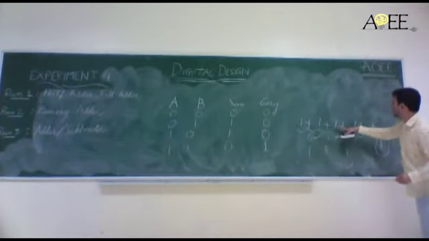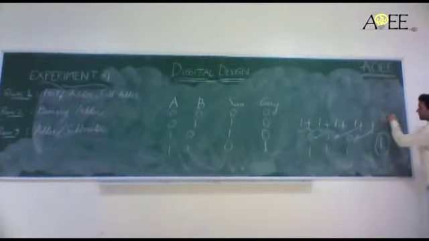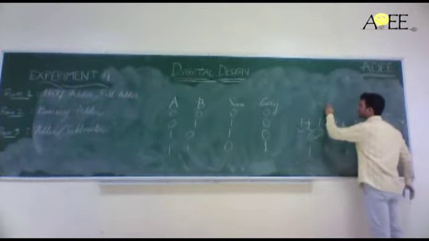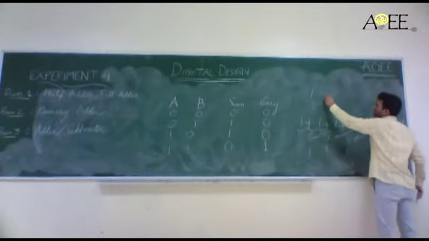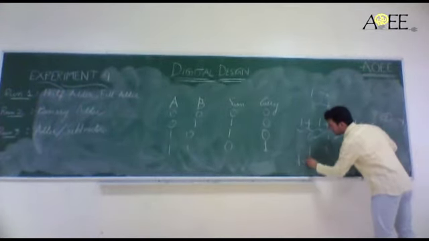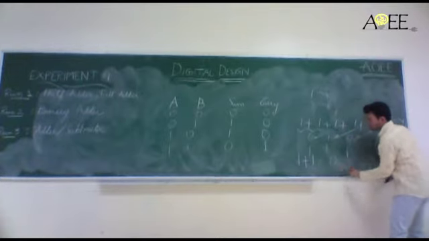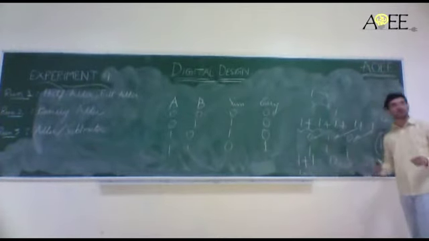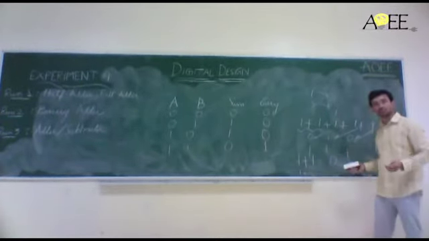So 1, 2, 3, 4, 5: 5 times 1 gives you 1. Or similarly 3 times 1 gives you 1. A single 1 gives you 1. If you have 1 plus 1, that gives you 0 carry 1. Or 4 times 1 will give you 0 carry 1.